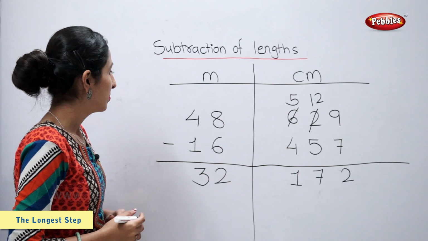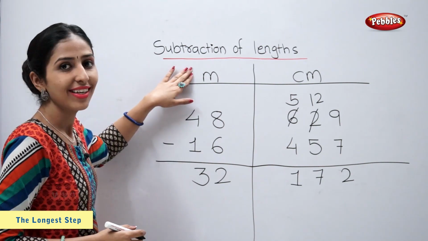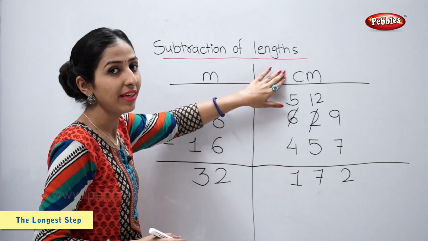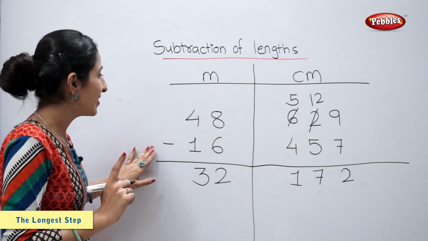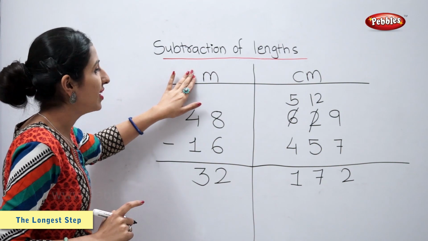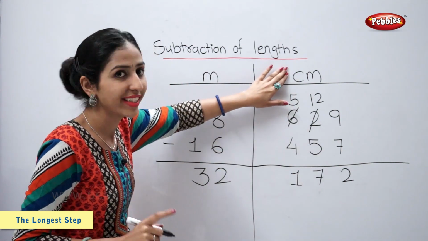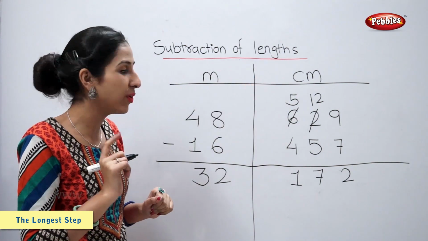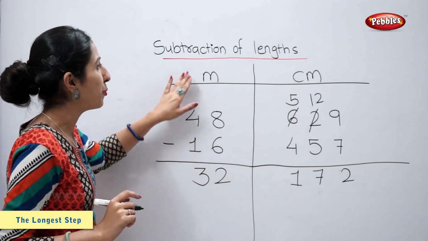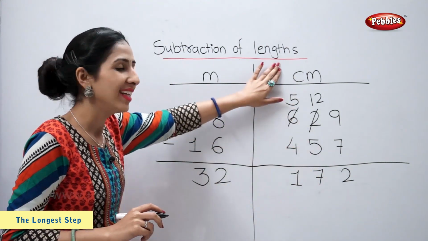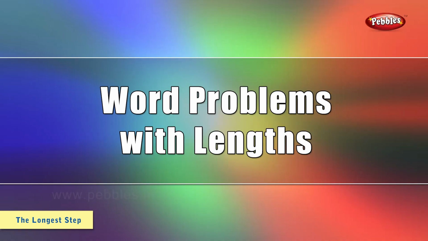So, 48 meters 629 centimeters minus 16 meters 457 centimeters is equal to 32 meters 172 centimeters.